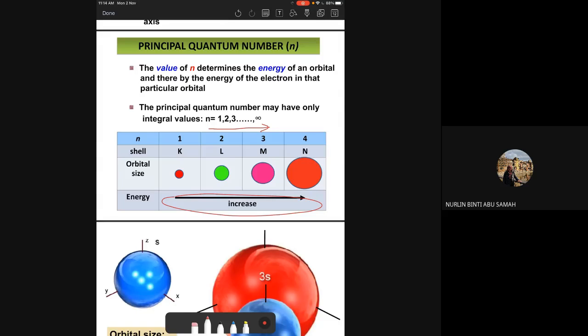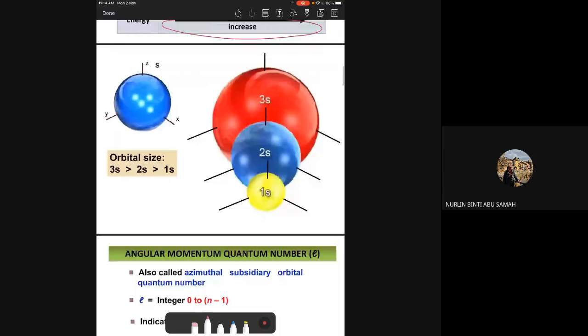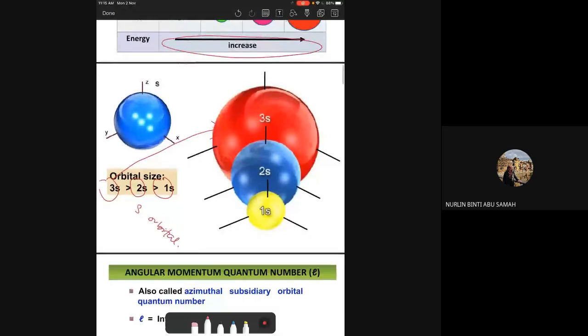So next, as we talk about the number, like macam ni 3, ni 2 dan ni 1, in the s orbital you can see that number 3 is larger because the principal quantum number is increasing. So by the time the N increases, the orbital size also increases.